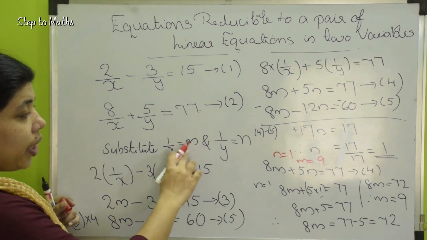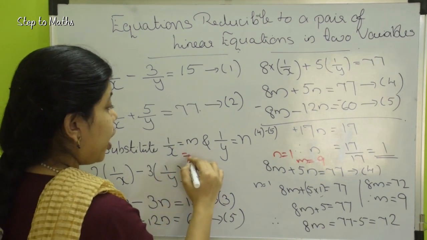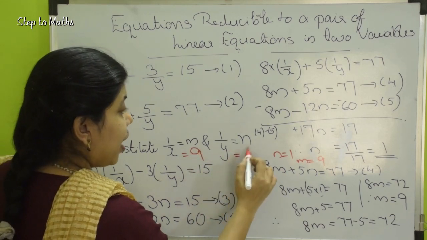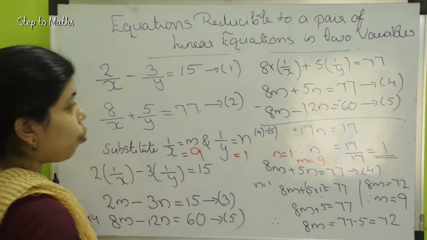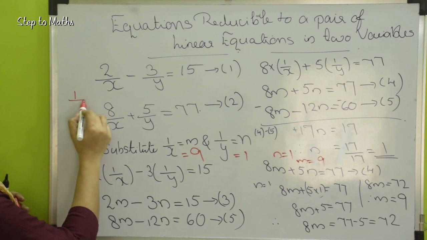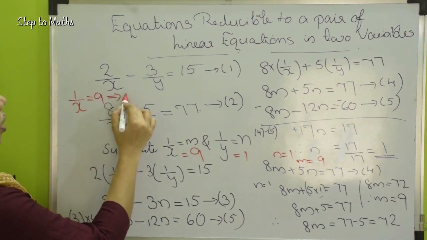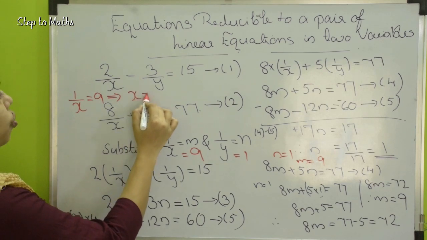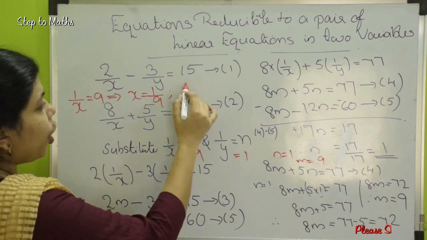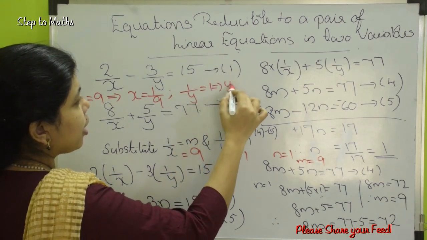We substitute m is equal to 1 upon x. That is, 1 upon x is equal to 9, and n is 1 upon y, that is equal to 1. 1 upon x is equal to 9 implies x is equal to 1 upon 9, and similarly 1 upon y is equal to 1 implies y is equal to 1.